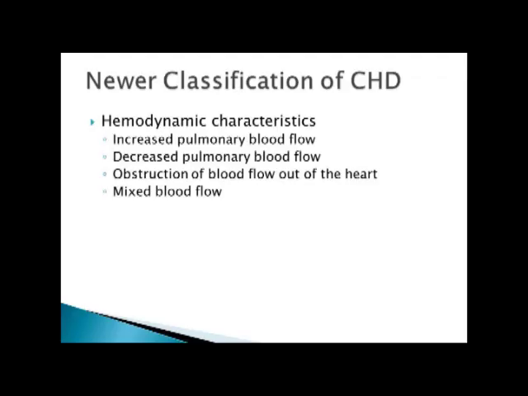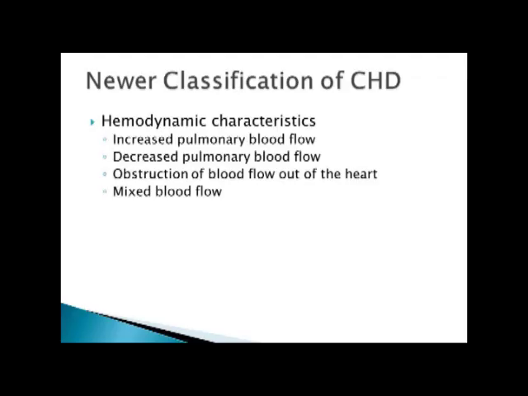If you have an acyanotic defect, they may be pinkish, but they also may develop congestive heart failure or become cyanotic. So that's the older classification. Now, instead, we talk about how much blood flow is getting to different places. There's a chart in Wong that talks about the newer classification.